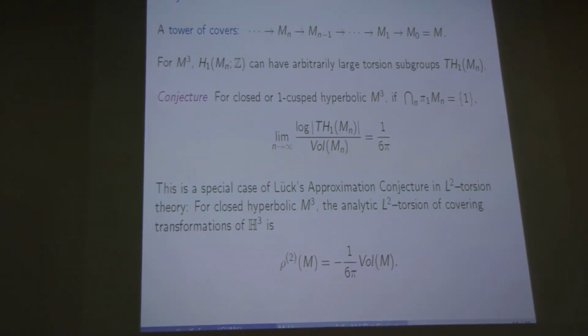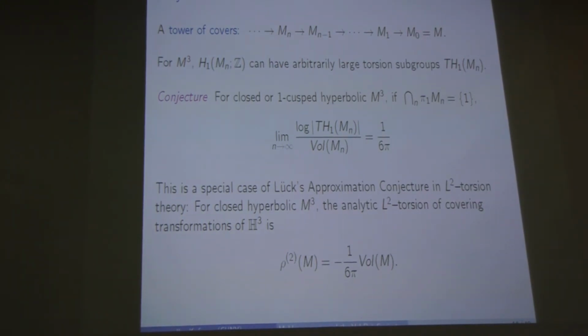Now, a conjecture due to Tang Lei and some other people is that for a closed or a one-cusped hyperbolic three-manifold, in this tower of covers, if the fundamental groups are cofinal, then the limit of the exponential growth rate of the torsion of the first homology divided by the volume of these M_n's is equal exactly to 1 over 6 pi.